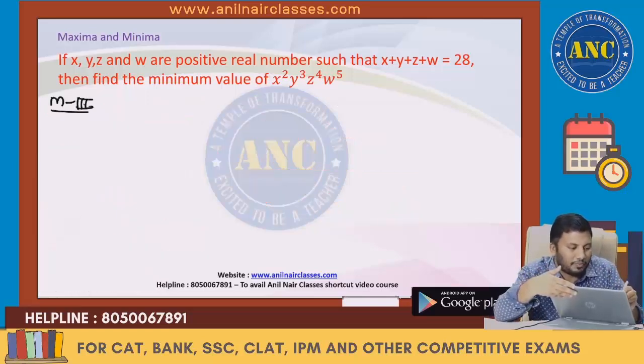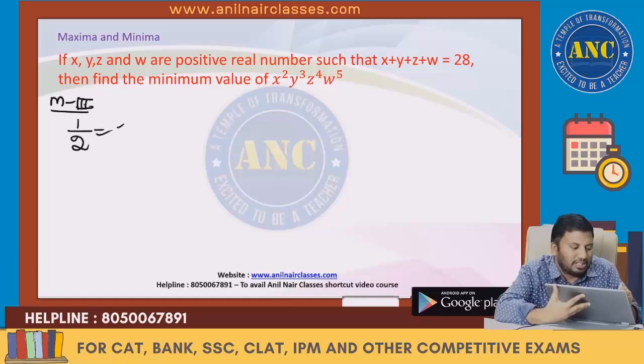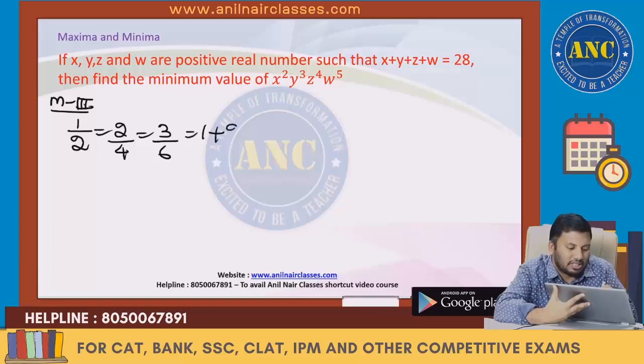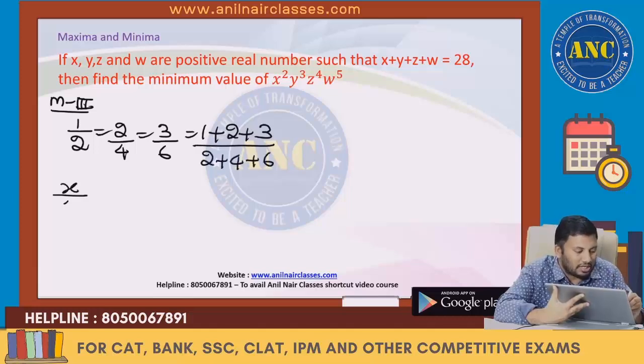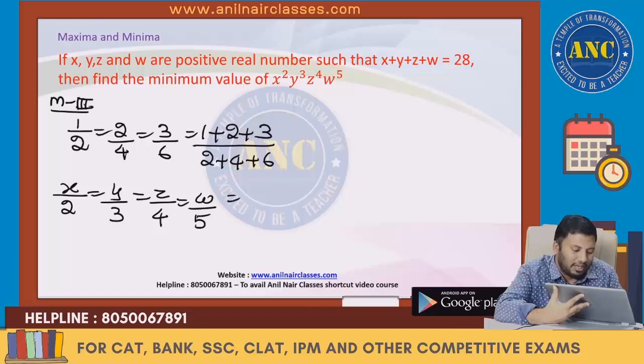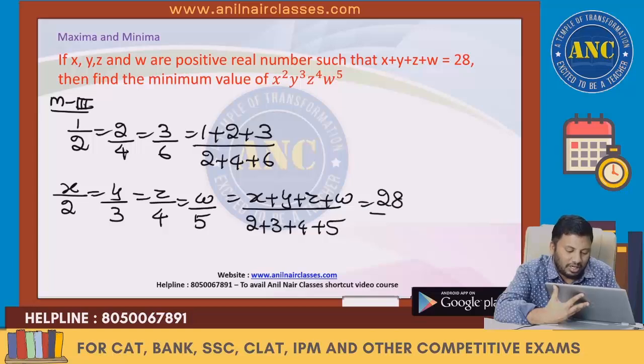Method 3. What is the example that we discussed? 1 by 2 equivalent to 2 by 4 equivalent to 3 by 6. It is also equivalent to sum of the numerators by sum of the denominators. So take x by 2 equivalent to y by 3 equivalent to z by 4 equivalent to w by 5, which is nothing but sum of the numerators by sum of the denominators, 2 plus 3 plus 4 plus 5, which is nothing but 28 by 14, which is nothing but 2.